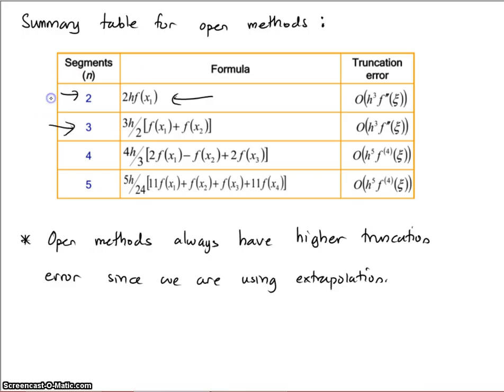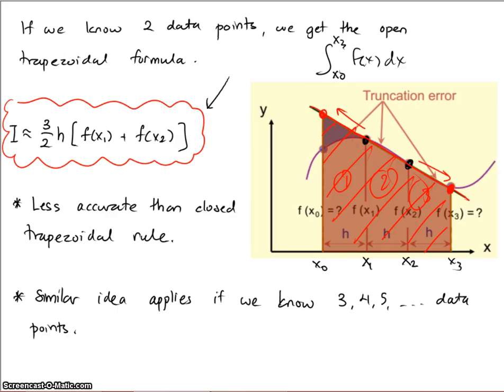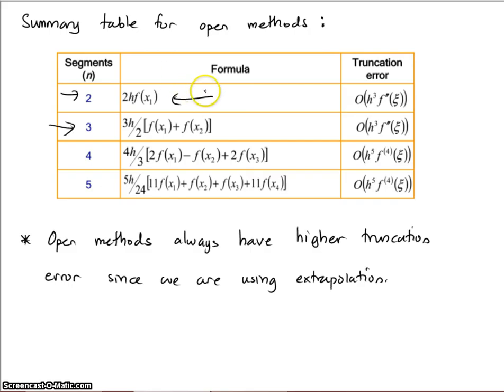If you have 3 segments, that would mean that you have 2 points, and because you have 3 segments, this would be the formula. The same applies if you extend this to 4 segments and 5 segments; these are the formulas that you have, and this would be the corresponding truncation error.